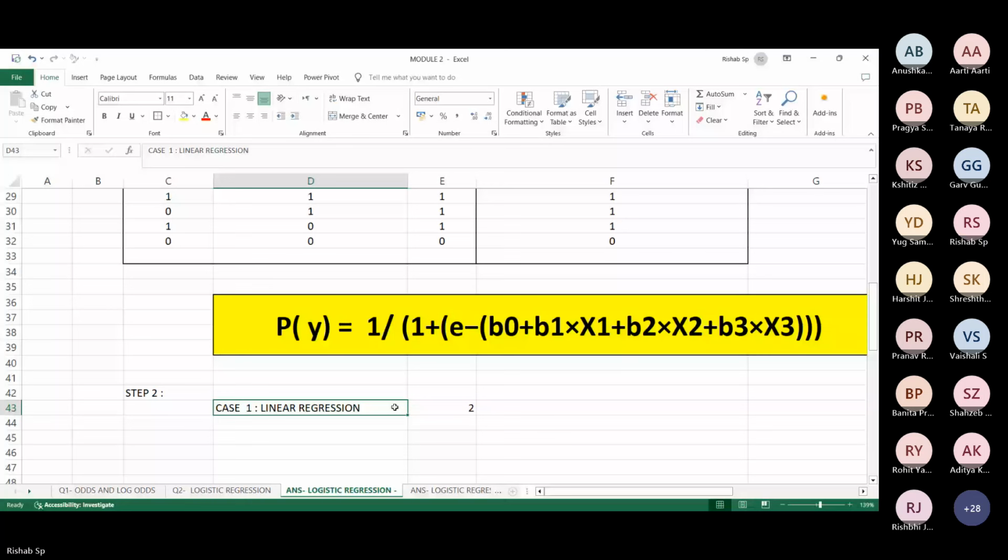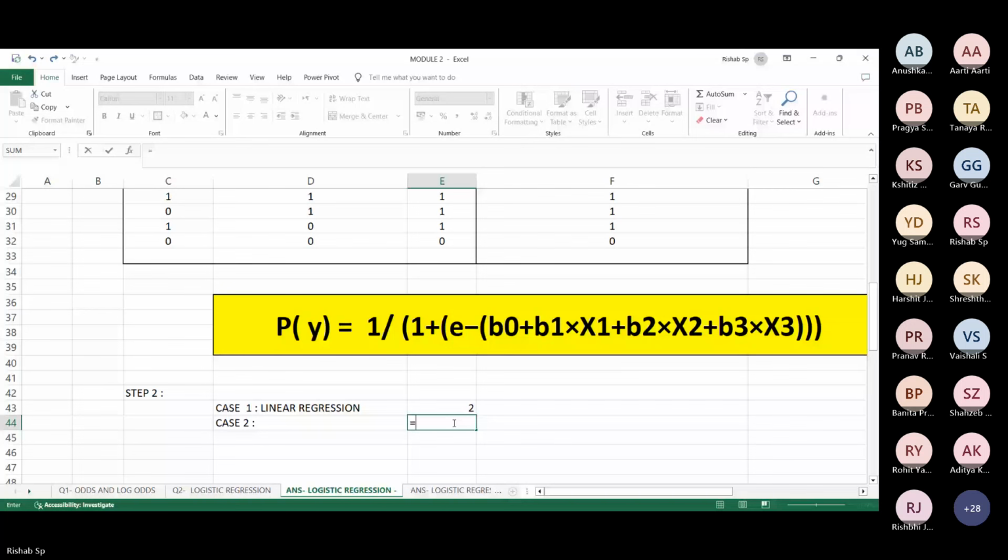Case 2 is equal to B0 0.5 plus 0.5 into, we have 0 here, which is x1, 0, again plus 0.5 into, we have 1 here, plus b3 into 1 itself. Yes, 1.5.